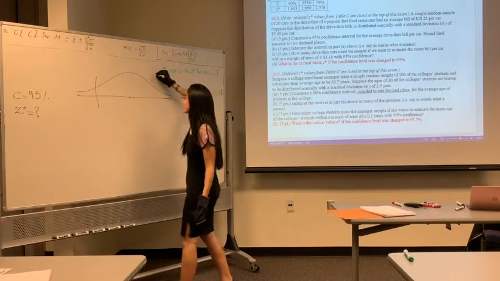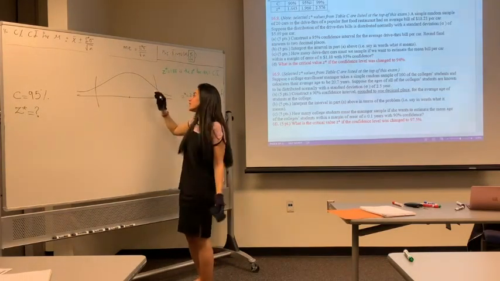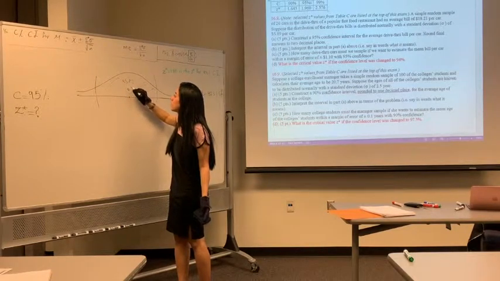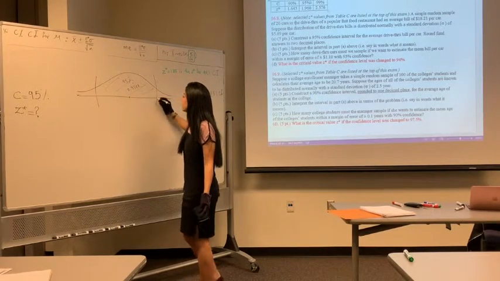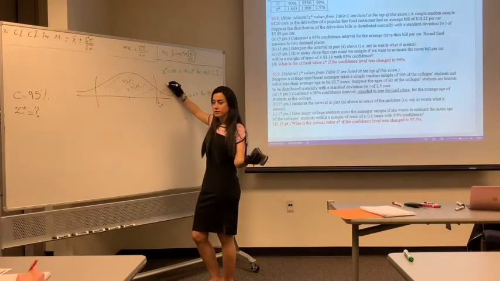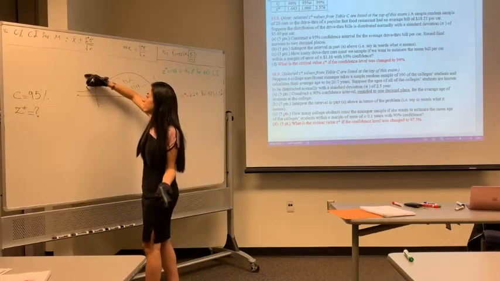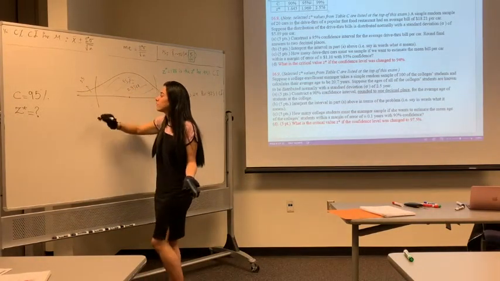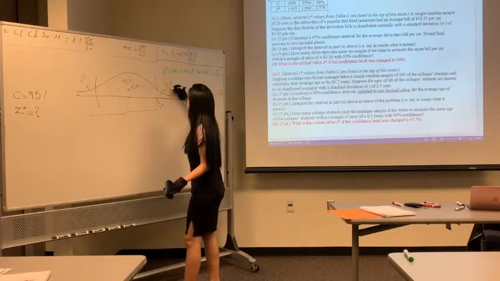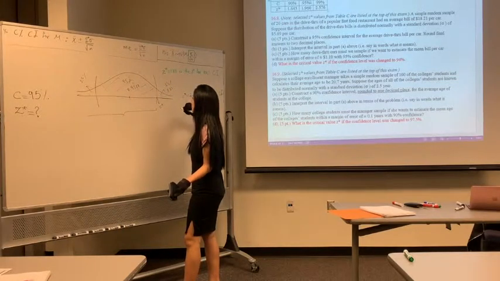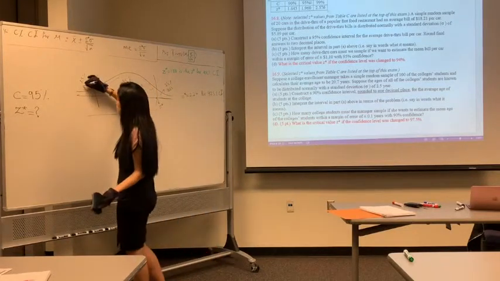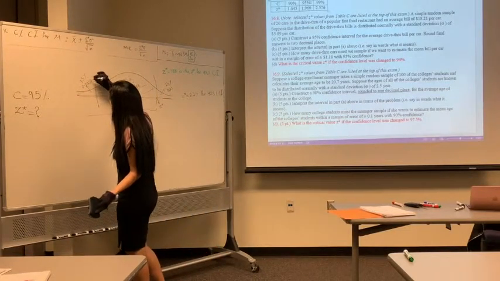So 95% here, right? 95%, which is 0.9500, right? I want this Z star here. So this area is 2.5%. Is that 0.25 or 0.025? 0.025.